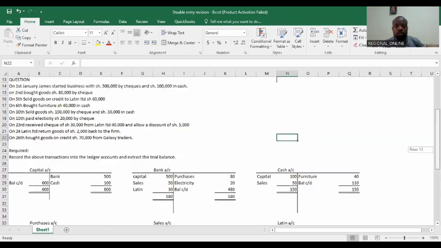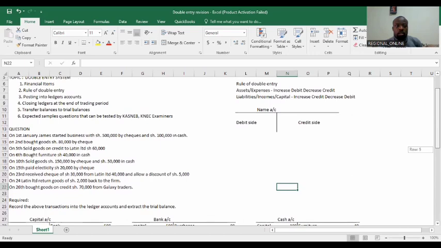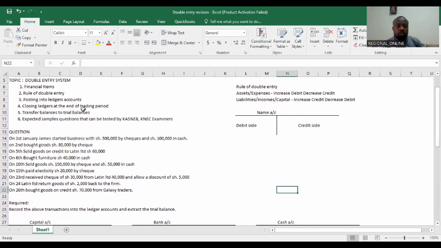And that's the thing that we're going to use when you are transferring the balances to the trial balance. So the trial balance, we always record the closing balances.